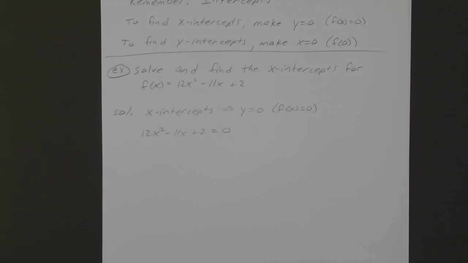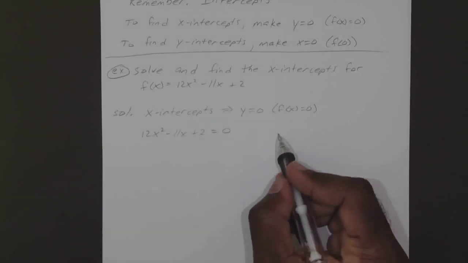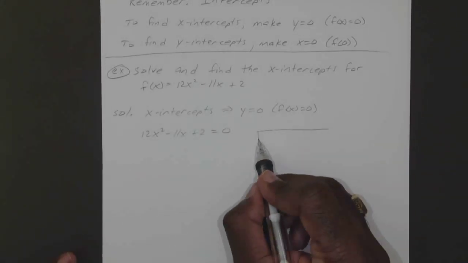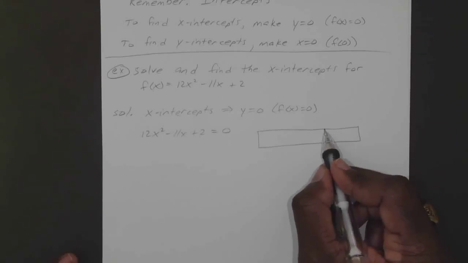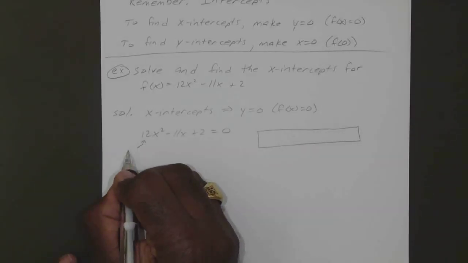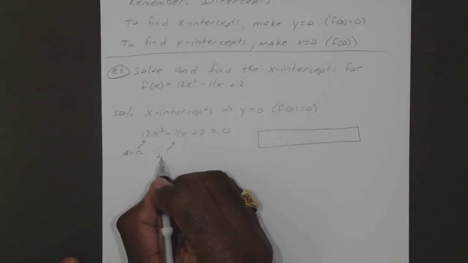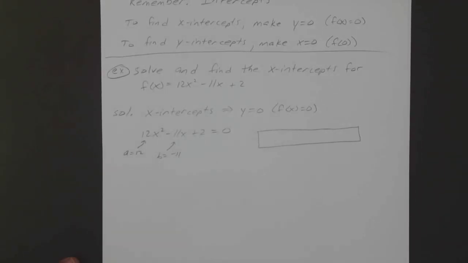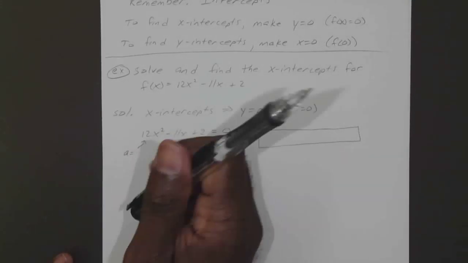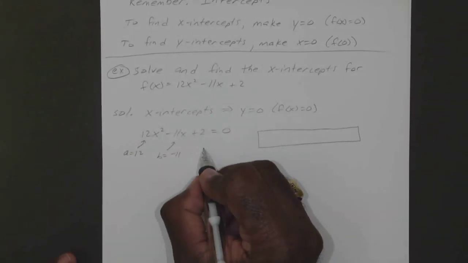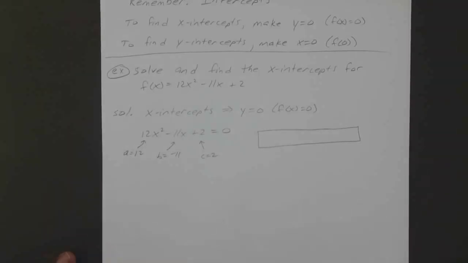Unfortunately, we can't factor out anything to make those numbers smaller, so we just have to use the A times C method, where our A is equal to 12, our B is equal to negative 11, and our C is equal to 2.